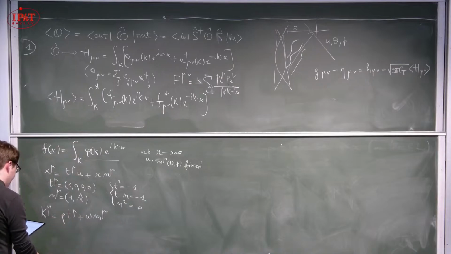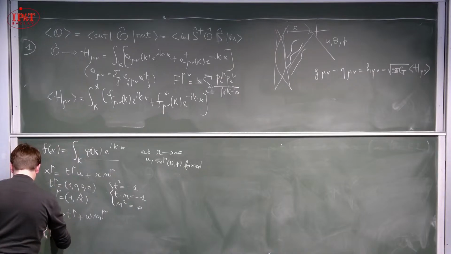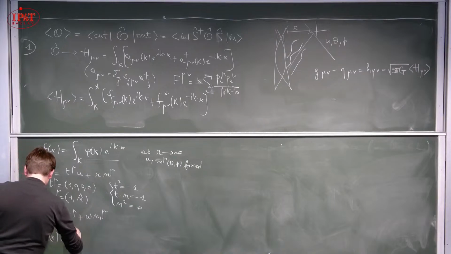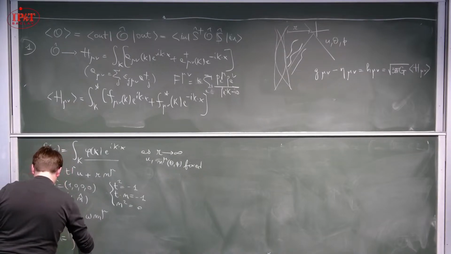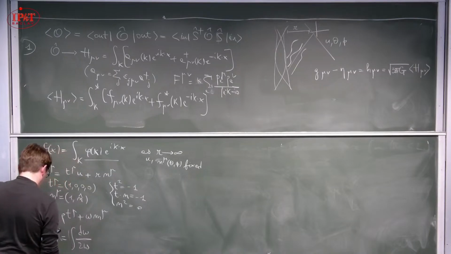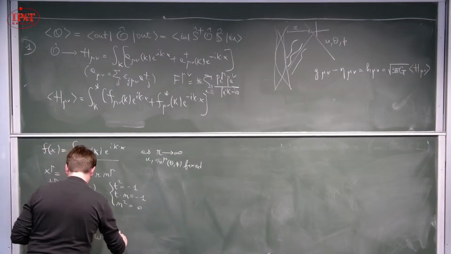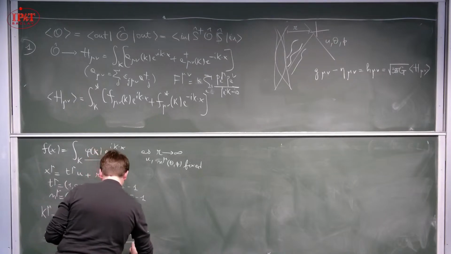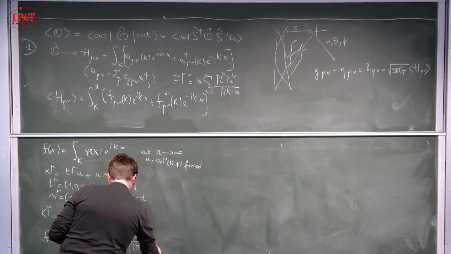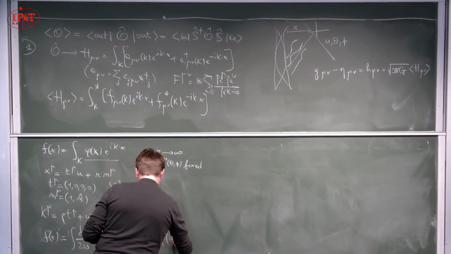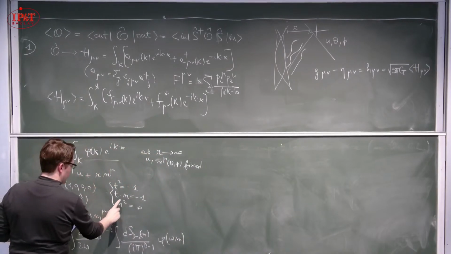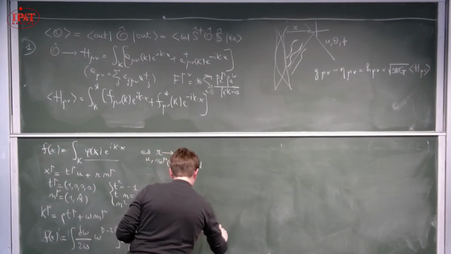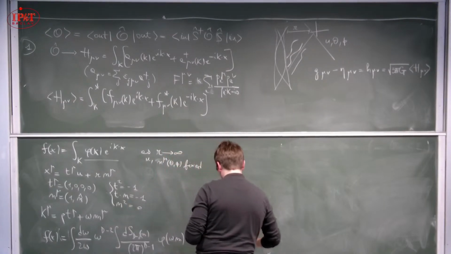Then maybe this step I can leave as an exercise. You can show that this can be identically rewritten as f is the integral, then the measure on the sphere, and then there should be this phi of omega m, instead of phi of k, of course, times e to the minus i omega u plus i r omega n dot m.